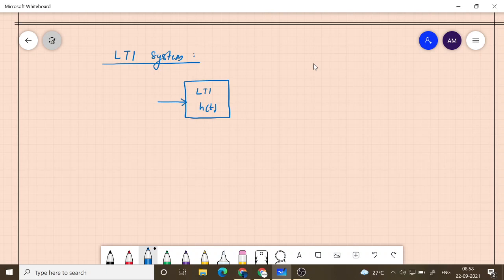And if you give a generic input x of t to an LTI system, the output is given by x of t convolution h of t. This is an integral, as I have shown you multiple times, from minus infinity to plus infinity, x of tau into h of t minus tau d tau.